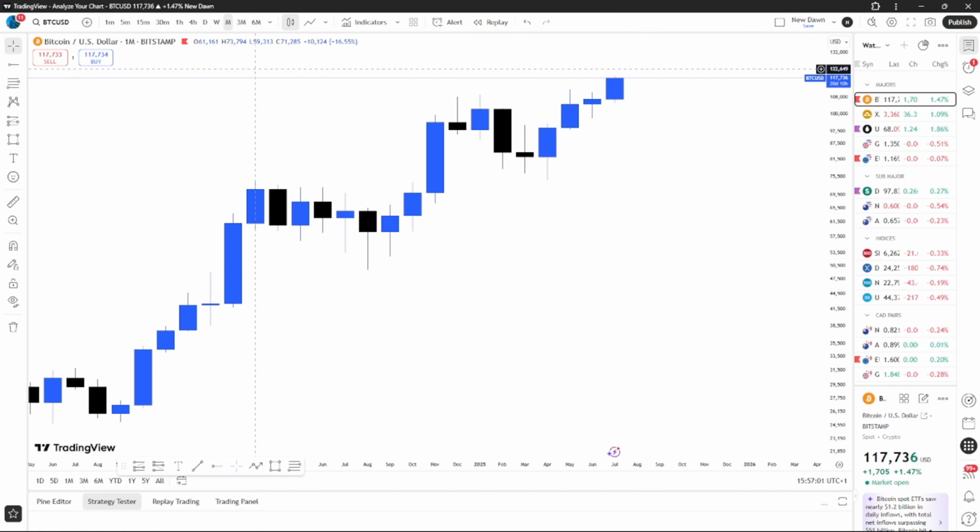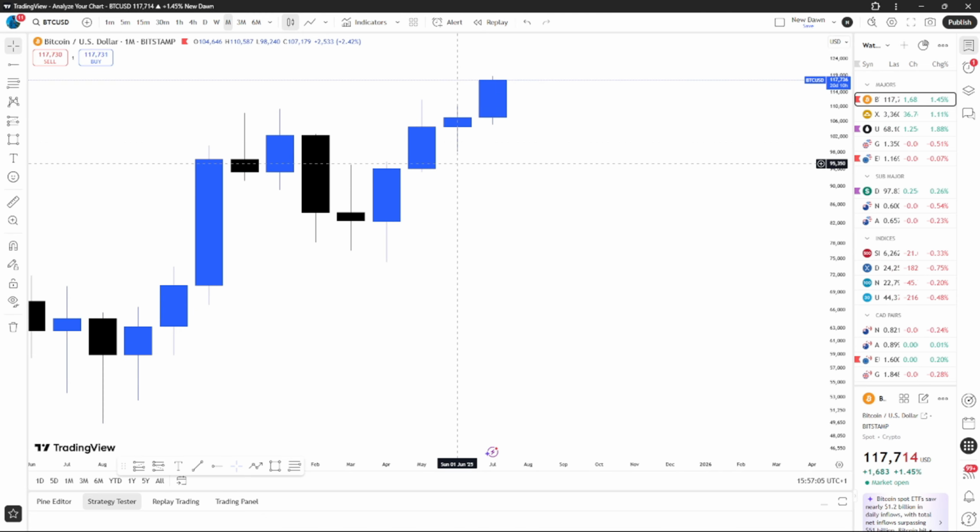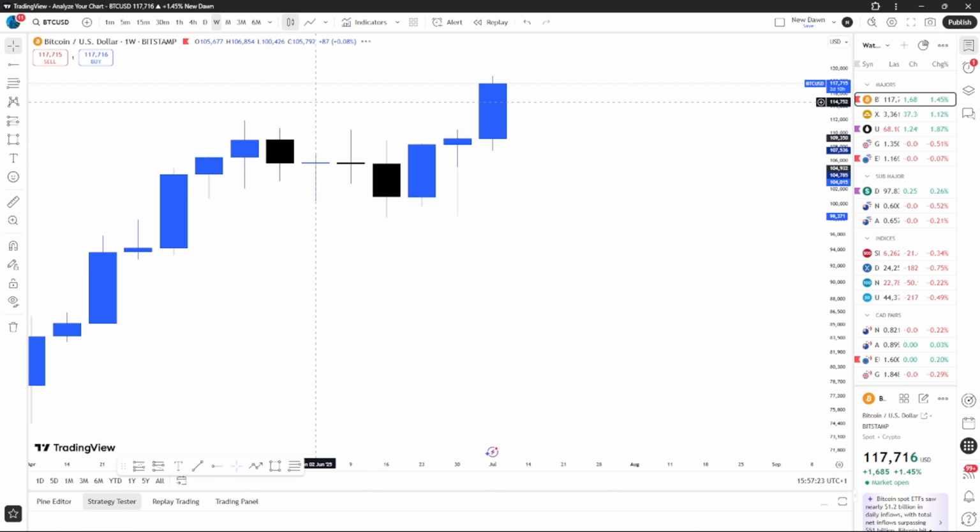However, even though the buyers were looking slow at some point, they still showed that they were in the market, right? So coming into the monthly time frame, we still see that price is very much still bullish, and what we need to do is expect a nice bullish candle to follow up this previous inside bar that we created for a whole month, and basically break these highs and create new all-time highs, as usual.